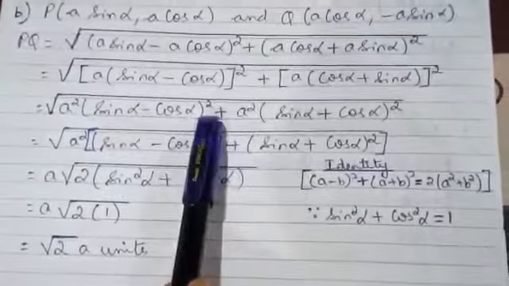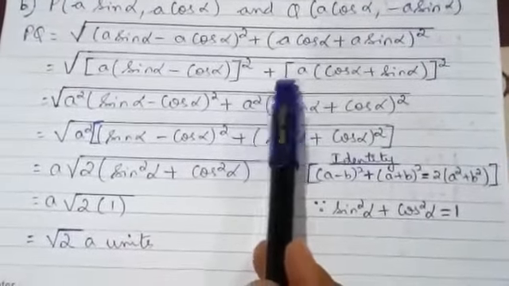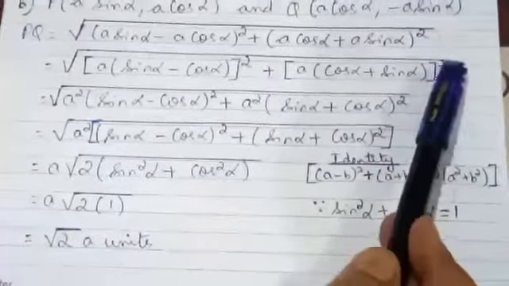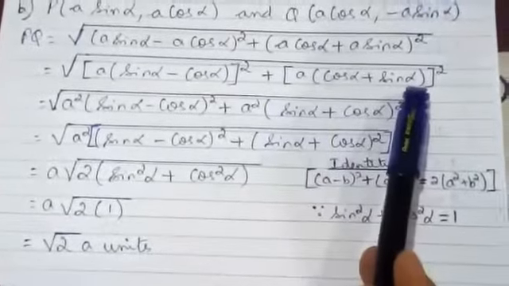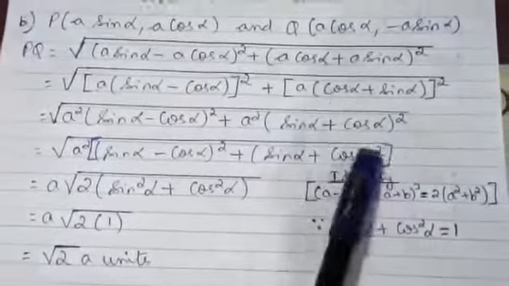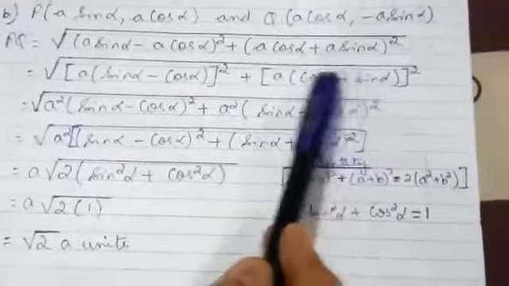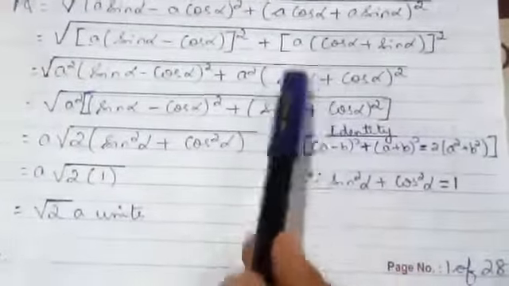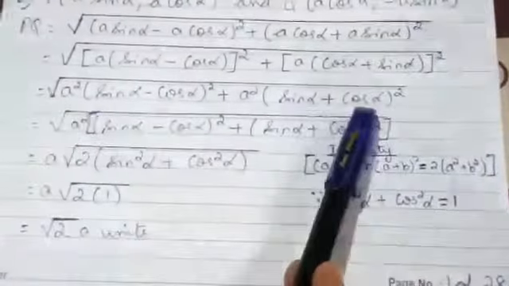Plus, again you can see that this expression is square, so apply this power 2 to a and to this bracket. So that gives us a squared into sine alpha plus cos alpha the whole square. I have just written it the other way, sine alpha plus cos alpha the whole square.